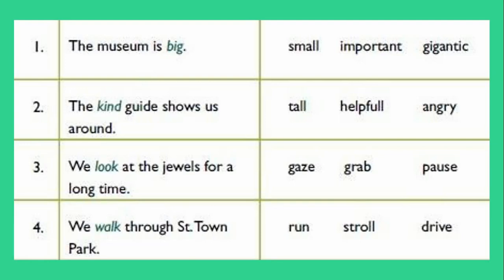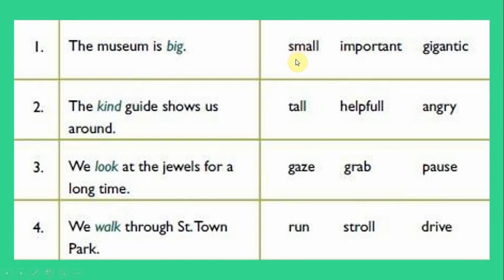For example, number 1, the museum is big. Look at the word big. It has a green color, so that word needs to be replaced with a word from the chosen words at the right side.